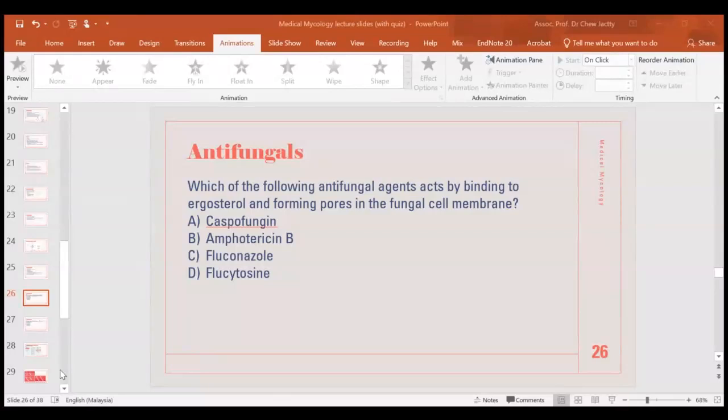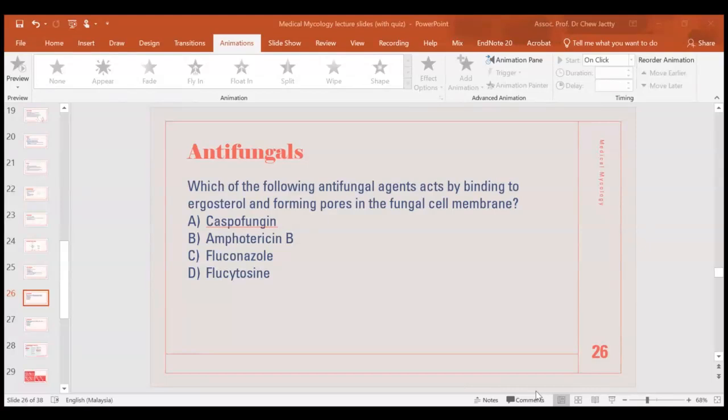So it binds to the P450 enzyme. Then what happens? What is the outcome? It inhibits ergosterol synthesis, correct? By preventing the conversion of lanosterol to ergosterol, that's correct.